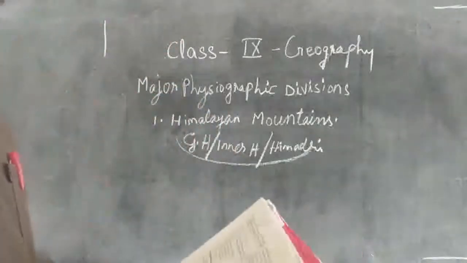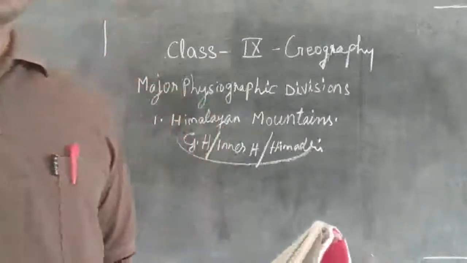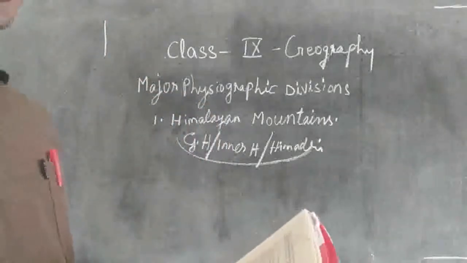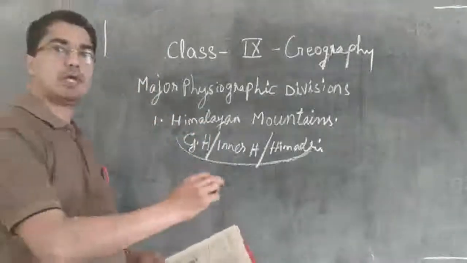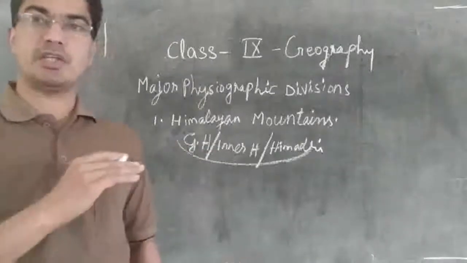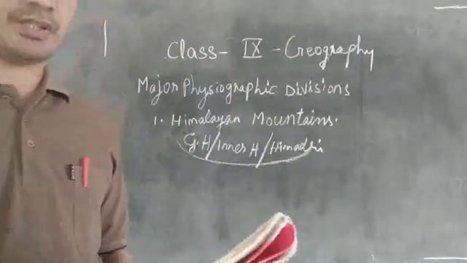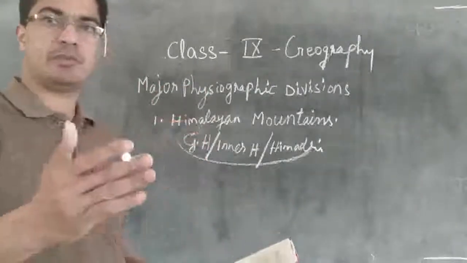Then it is the most continuous range consisting of the loftiest peaks with an average height of 6,000 meters. So one of the specialities of this range is that it is the most continuous range. It does not break up in between, or there is no gap in between.